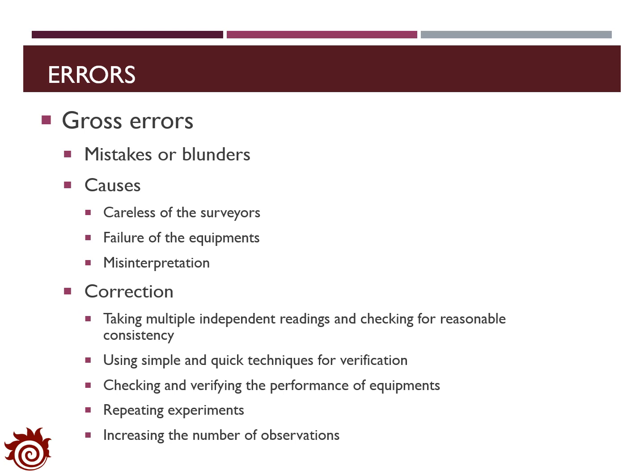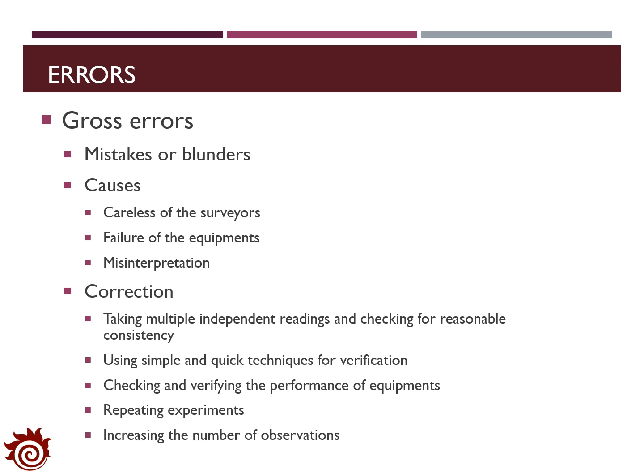Also, you need to check and verify the performance of the equipment before you conduct any experiment. Repeating the experiment is very important for you to remove the gross errors. Also, you have to increase the number of the observations even for a single experiment so that you won't be affected by the mistakes.